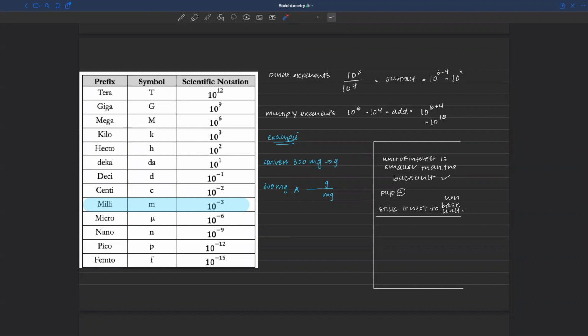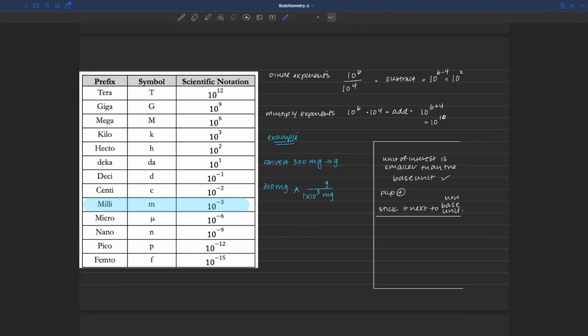So when you get 1 times 10 to the minus 3, what's the second step in the box? You convert it to a positive number, 1 times 10 to the 3rd. And who do I stick this next to? Grams or milligrams? You're going to stick this next to the milligrams, the non-base unit, because grams is the base unit.